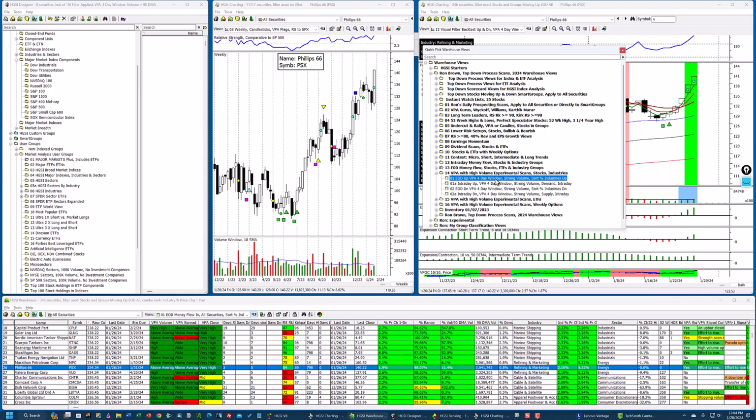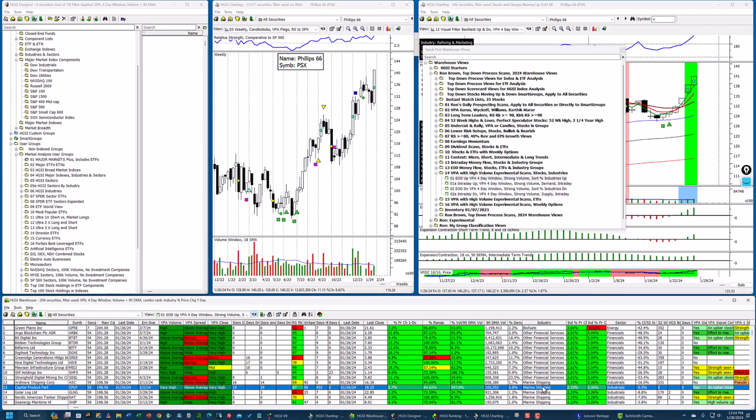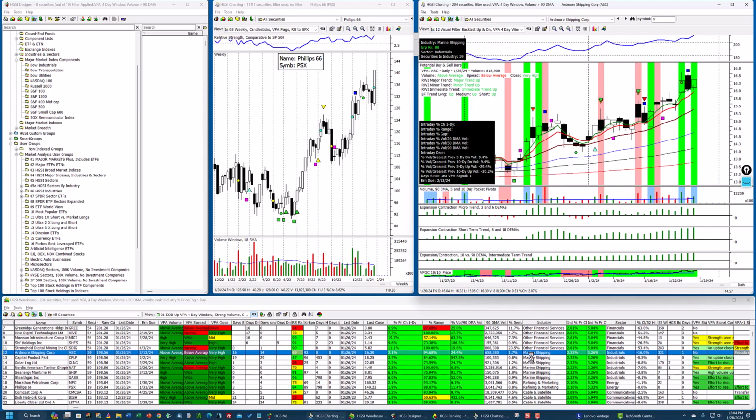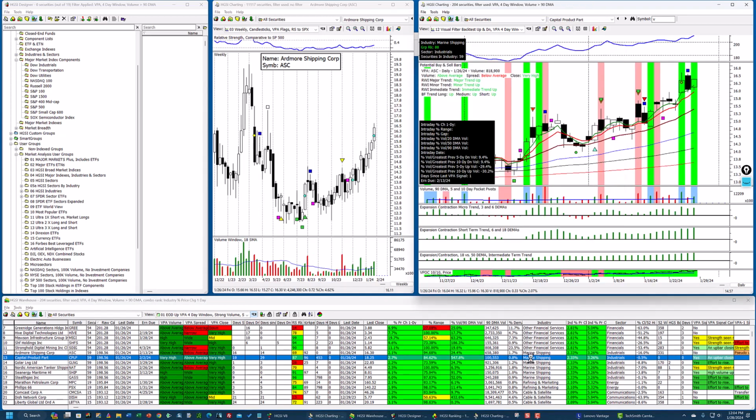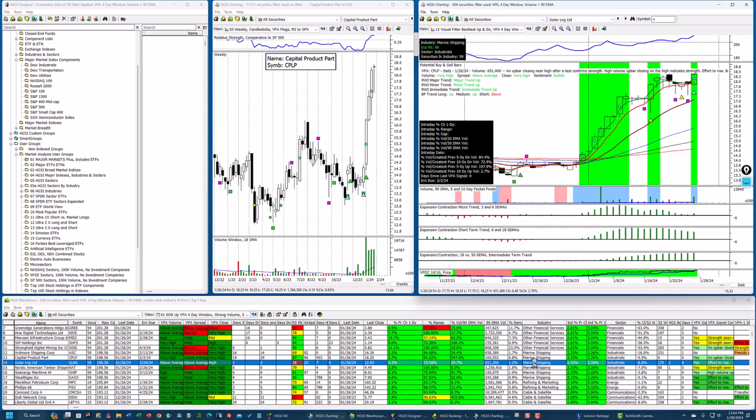But here's an end of day, and this is sorted on the same thing, the industry groups. And you can see that these marine shipping stocks right here all should come up with these green bars. So let's just do it, flip through them. There's the one I just looked at.